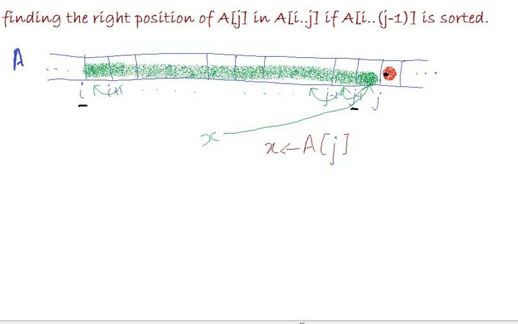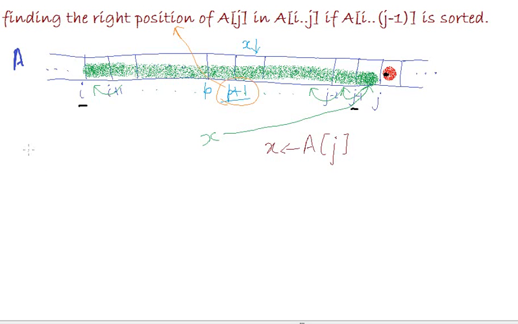And somewhere if we find an index p such that A[p] is actually lesser than x, then we have to place x at the position right of that index. So we have to put x at p plus 1. This is the right position of A[j].